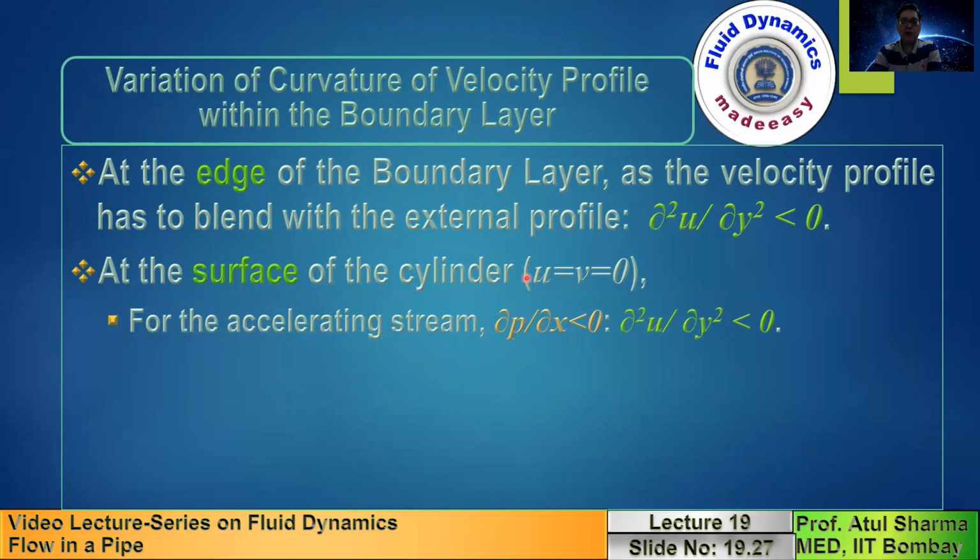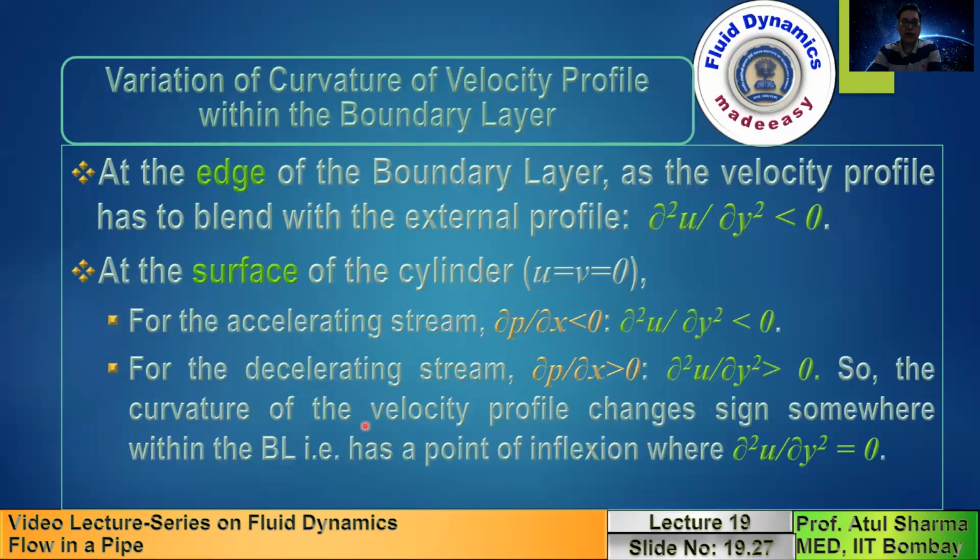If you have a favorable pressure gradient, an accelerating stream, then near the wall you also have a negative curvature. Whereas for an adverse pressure gradient, where you have a decelerating stream, the curvature near the wall is positive. So the curvature of the velocity profile changes sign somewhere within the boundary layer at a point of inflection, which I had demonstrated in the previous slide.